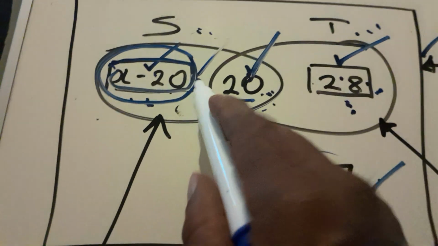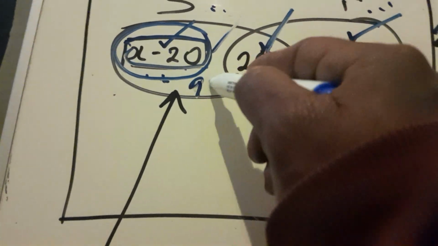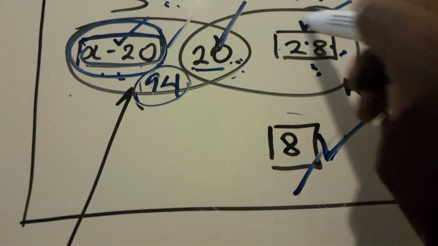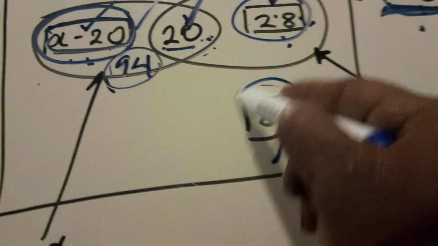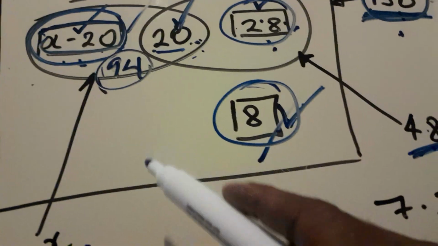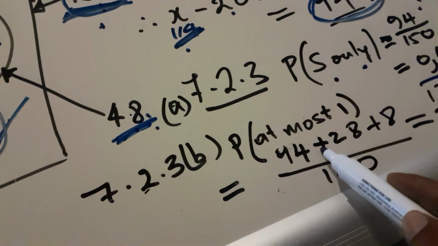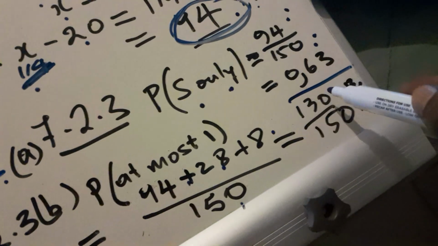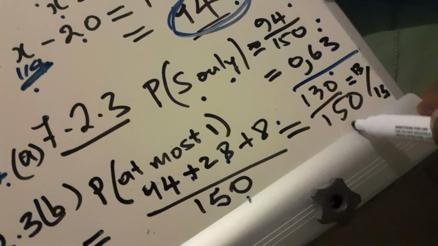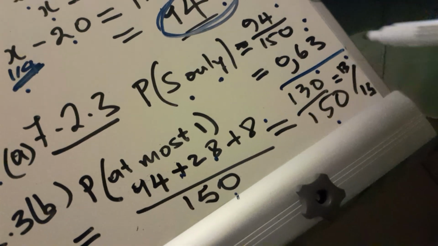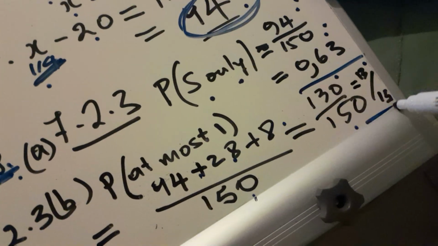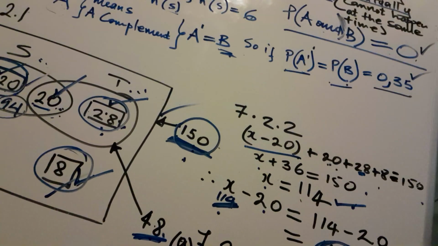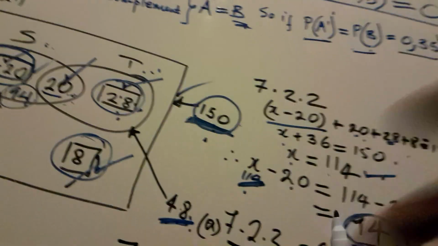So I'll take this one here, we just said 94, one only, and none. So what is it? It's 94 plus 28 plus 8 out of 150, giving me 130 over 150, 13 over 15 as the final answer. Yes. Now, that's that for this question here.